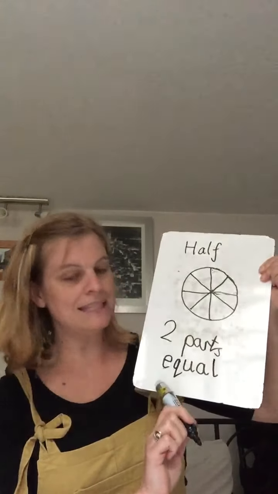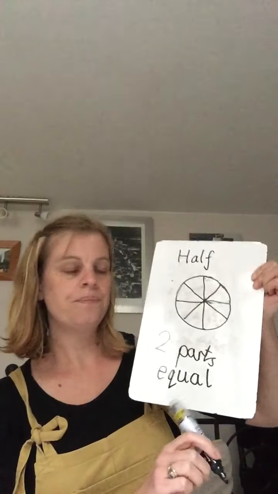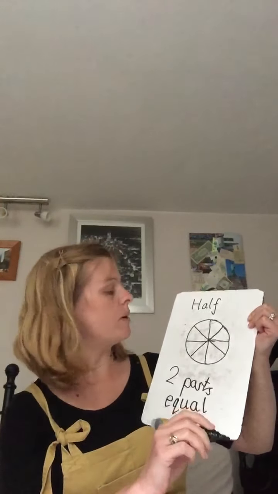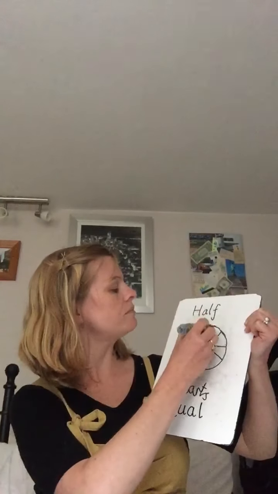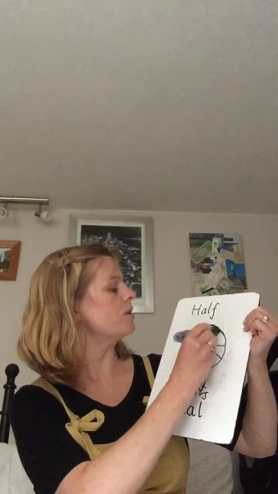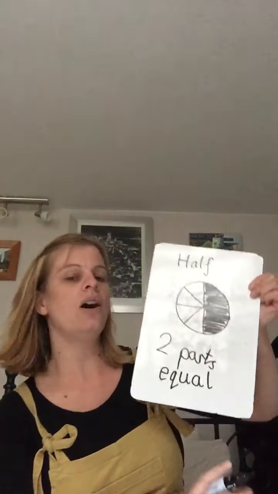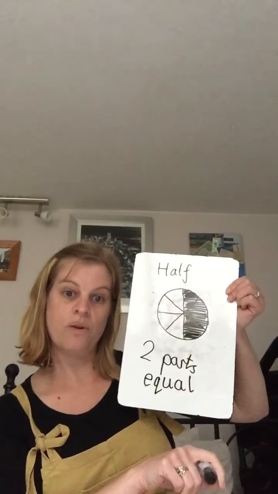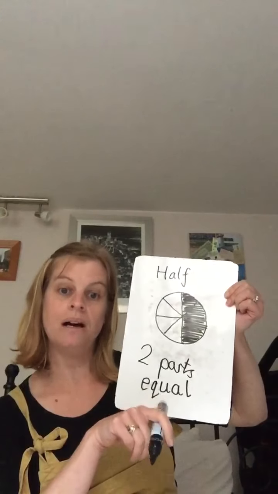Each part is equal. So if I was to share this pizza in half, there's a couple of ways I could do it, but here I'm going to shade in so that our pizza is in half. So I have 1/2 and you would have 1/2 and we would have equal parts.